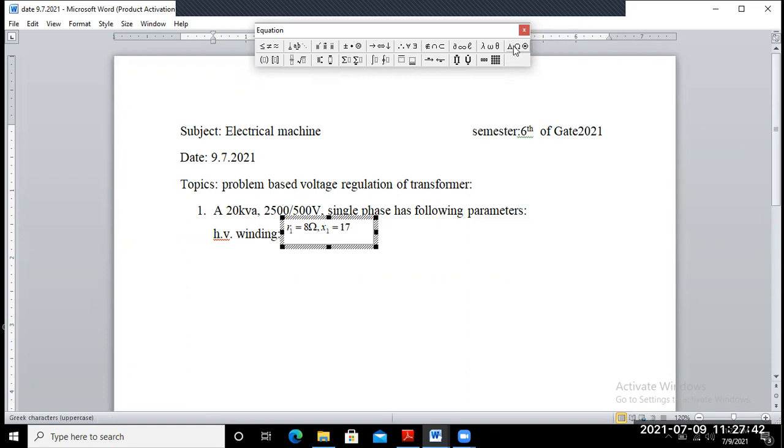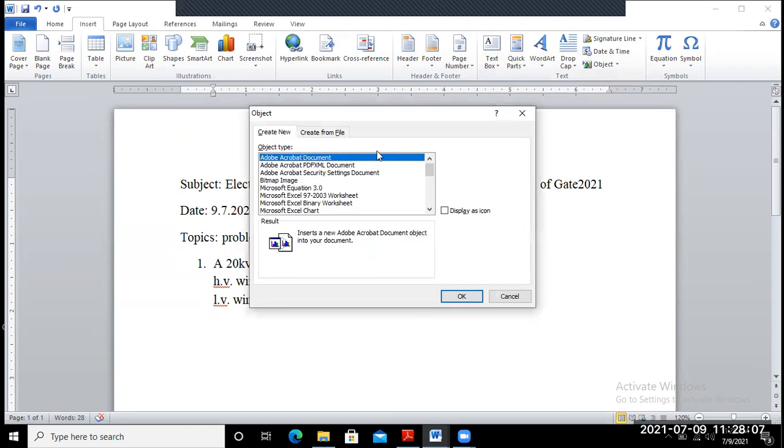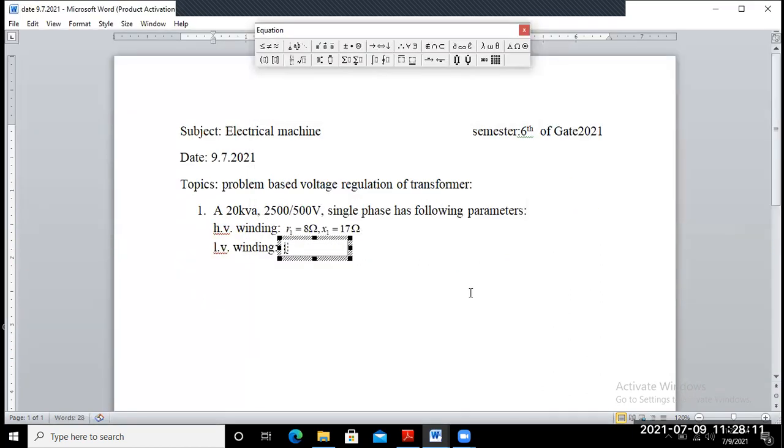Similarly, the LV winding parameters, that means resistance and reactance, are given to you as 0.3 ohm and 0.7 ohm. So for the LV winding, resistance is represented by R2 and reactance by X2. So R2 and X2 are given as 0.3 and 0.7 ohm respectively.